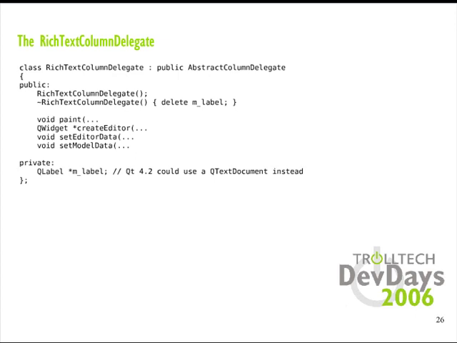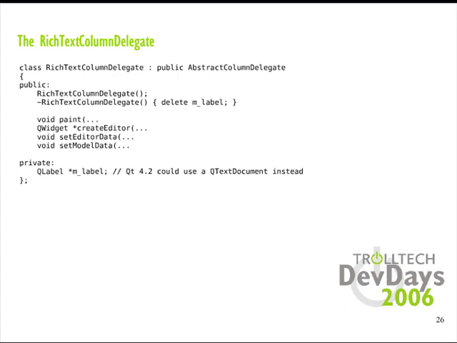So what's a RichTextColumnDelegate got to do? Well, it's got to be able to draw or paint rich text. So we're talking about, in Qt terms, rich text is HTML. So it's got to be able to understand font tags and bold tags and things like that. It's also got to let you edit rich text, but Qt doesn't have a one-line rich text editor. But that's okay.